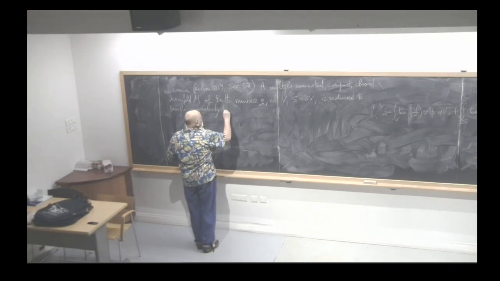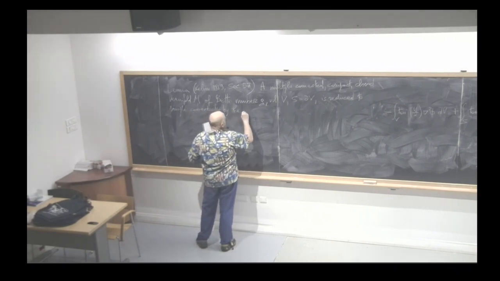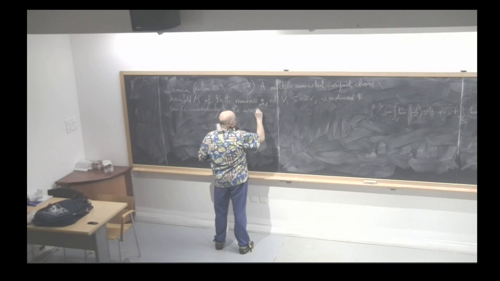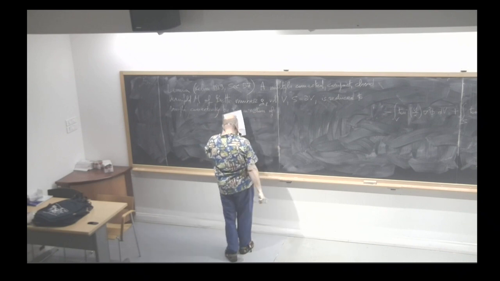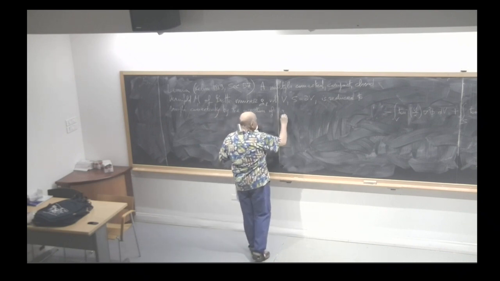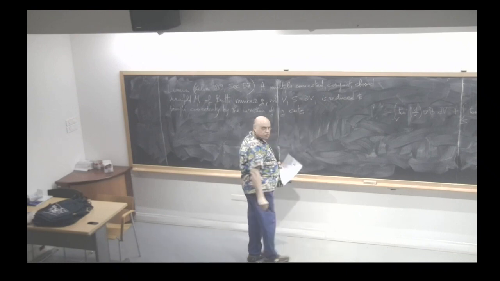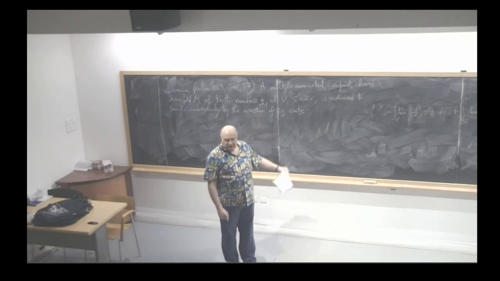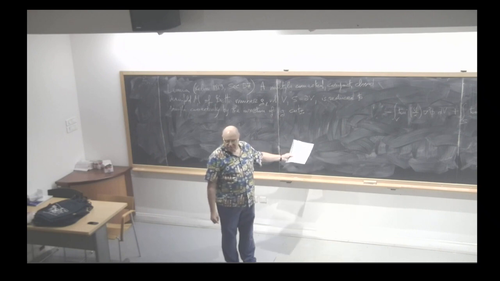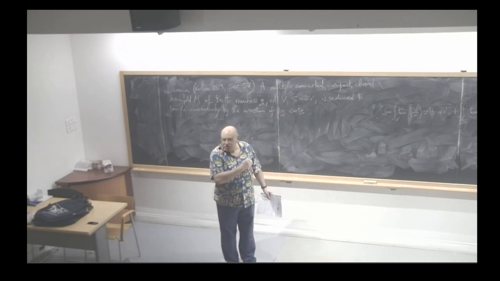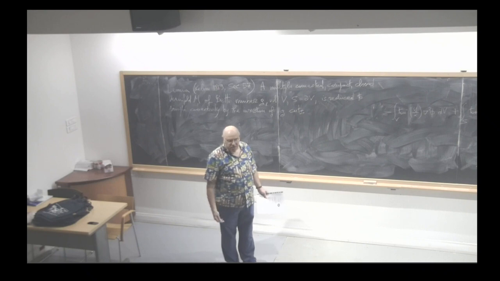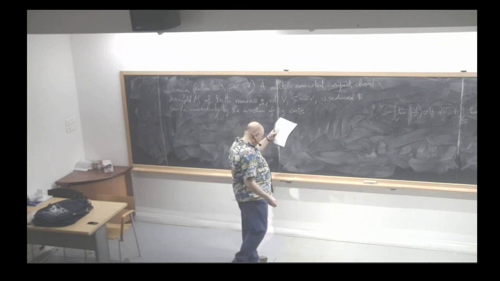By the insertion of G cuts. For those of you who did topology, of course, on purpose I'm using these words, but you can reinterpret these words in terms of homological cycles and all that.